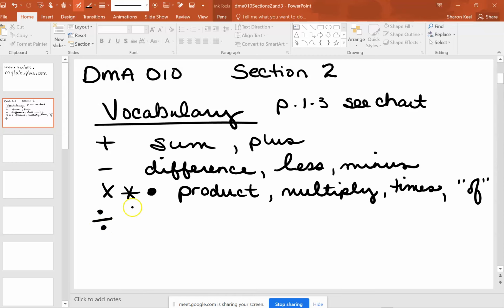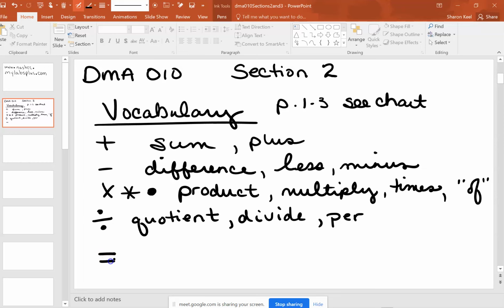For division, the key word for division, and this was on the exam we looked at when we were online a little while ago, the word quotient. The word quotient means that you're going to divide. If you see the word per, like if you're calculating miles per hour or how much you get paid per hour, per would also mean division.